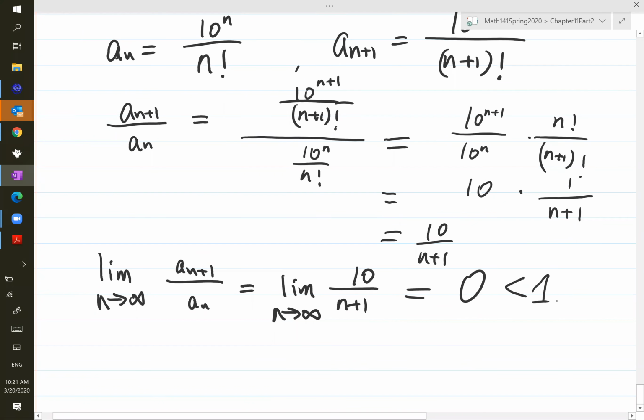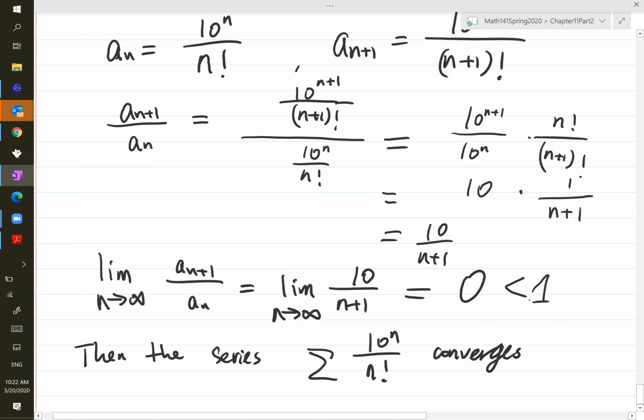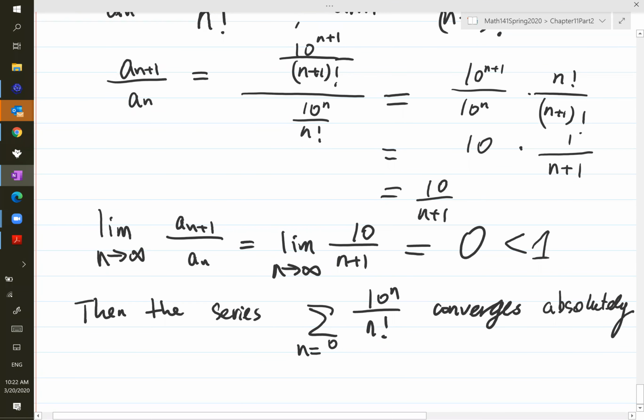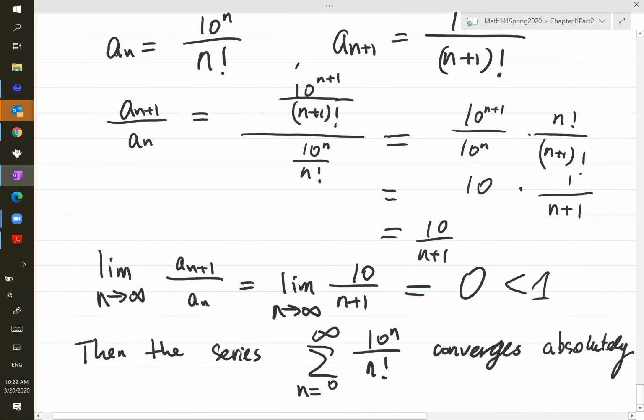Then by the ratio test, we conclude that the series 10 to the power n over n factorial converges absolutely, whether from 0 to infinity or from 1 to infinity, it is no big deal.